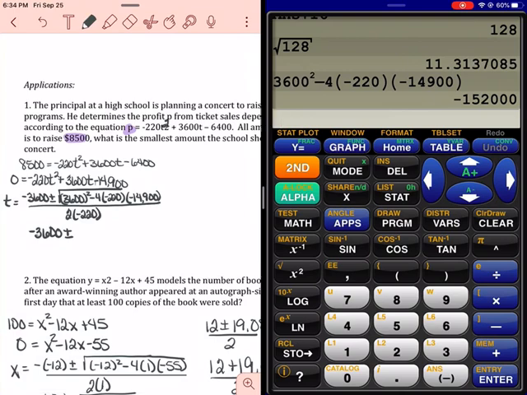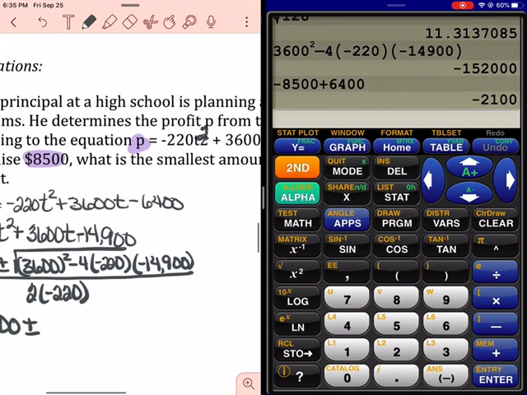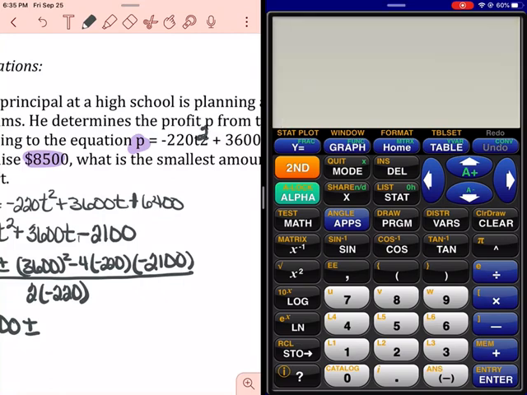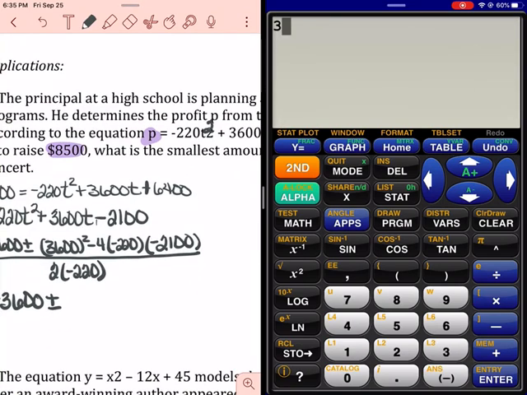Let me just try something here. All right, let's make this a positive number and see if that works. Okay, so sometimes you just mess up. So let's try it again.